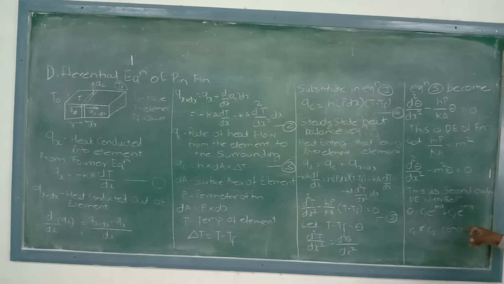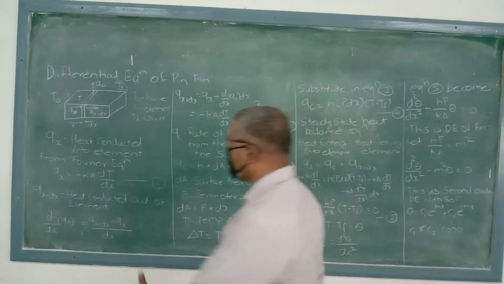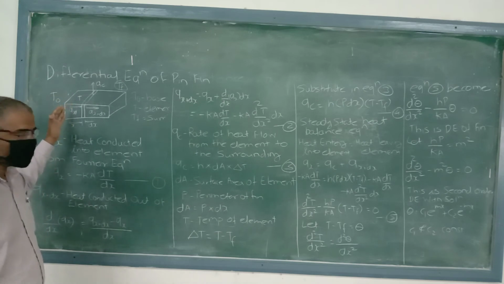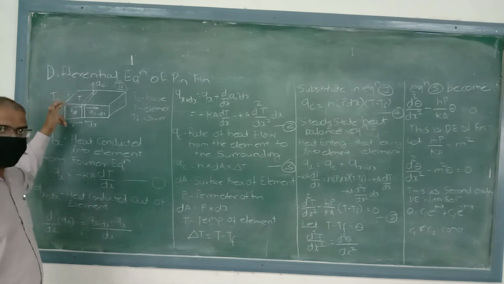In this equation, C1 and C2 are constants, and we can calculate these constants by substituting the end conditions. End condition means what? At x is equal to 0, T is equal to T0.